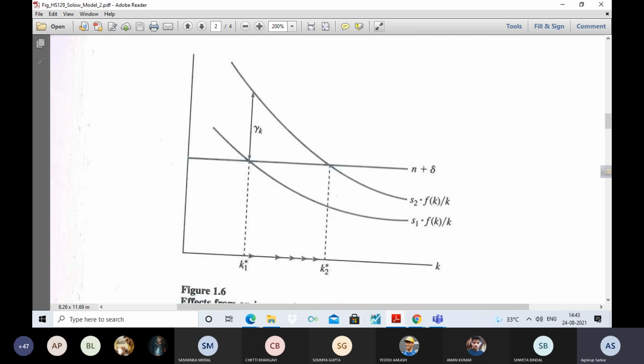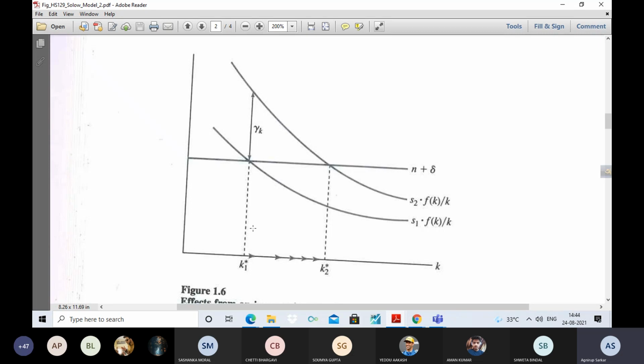At K equal to K1 star, the gap between the S1 f(k) by k curve and the n plus delta line is pretty obvious. There's a very conspicuous gap between the n plus delta schedule and the sf(k) schedule. So at K equal to K1 star, the gap is positive. Saving is more than enough to generate an increase in K.